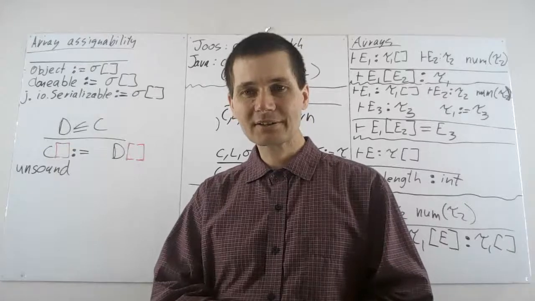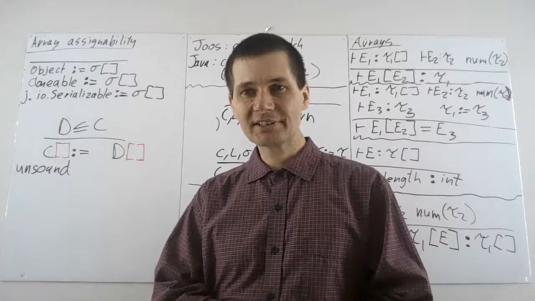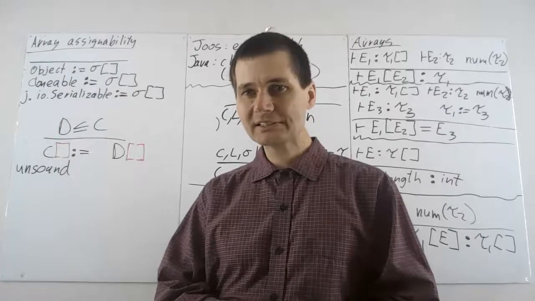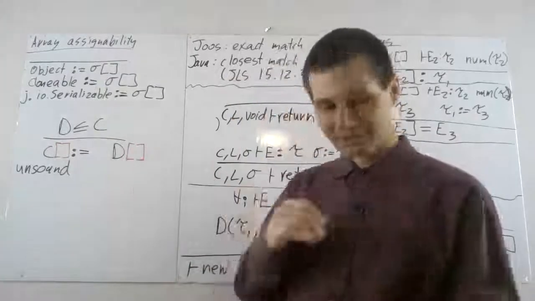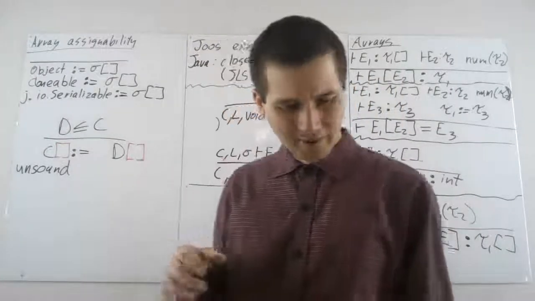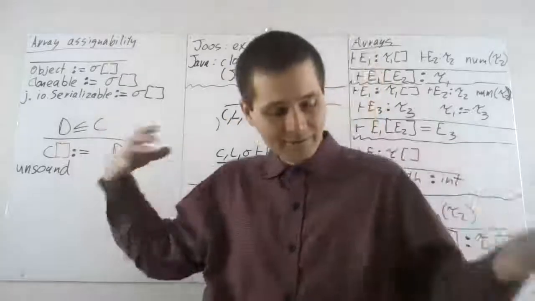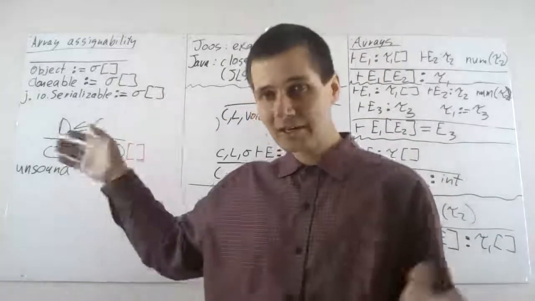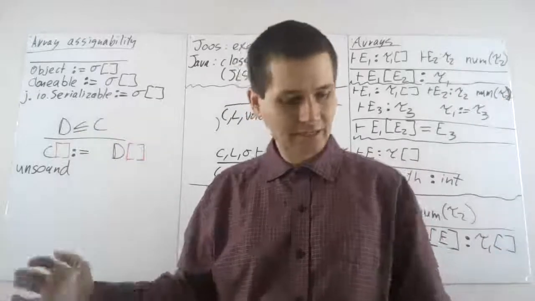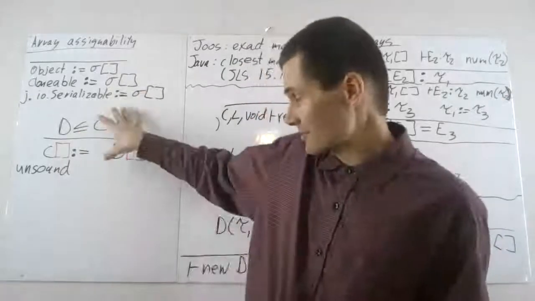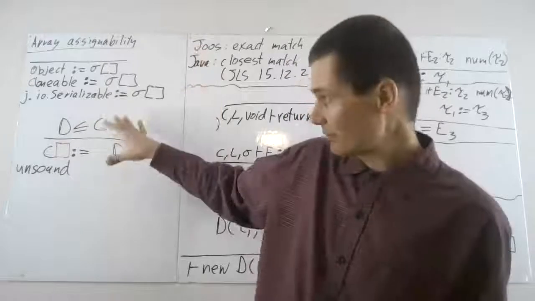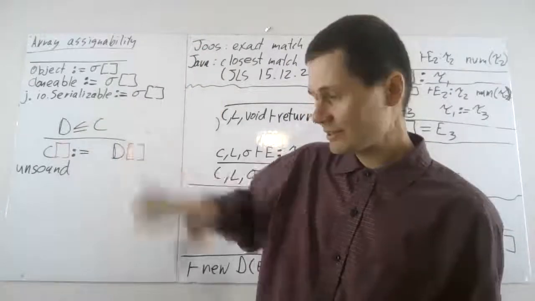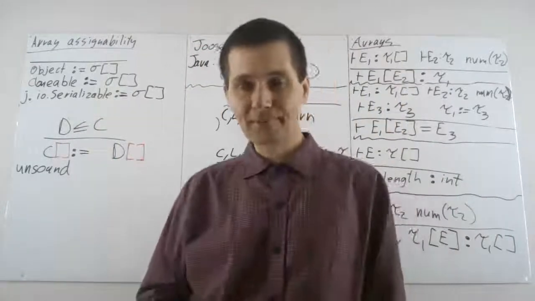All right. You can think about arrays. We do have all the rules that we need to implement for arrays. If you're implementing the type system, you've got all the rules that you need now. This is the right rule. It is a little bit of a weird rule, but this is the rule that you want to implement.